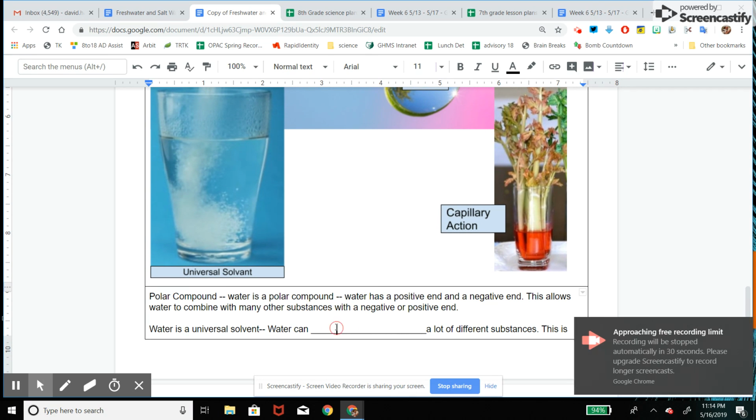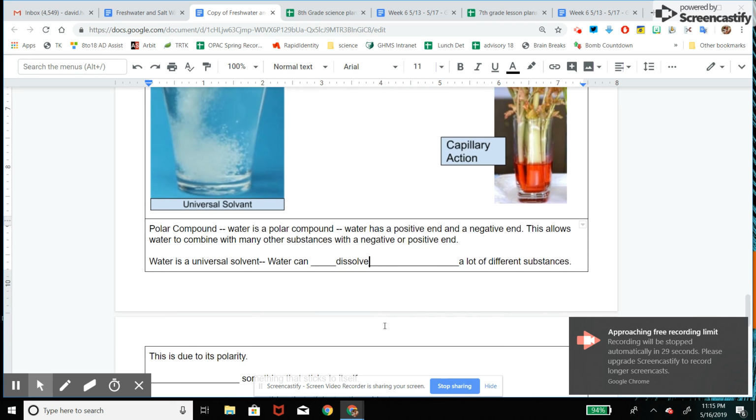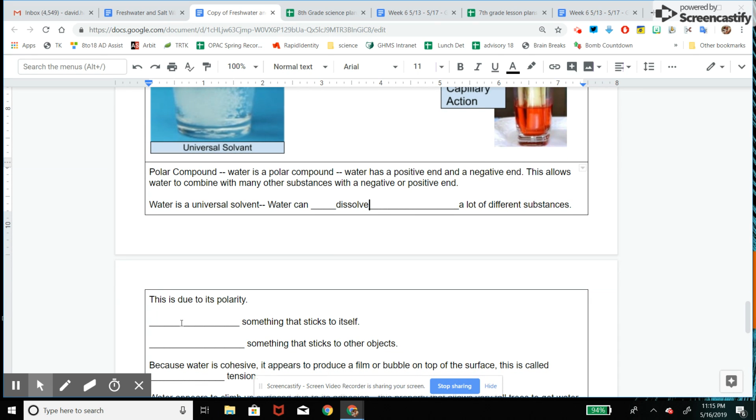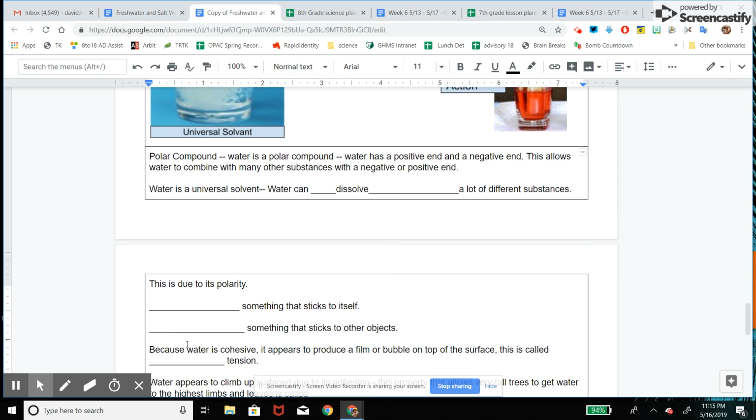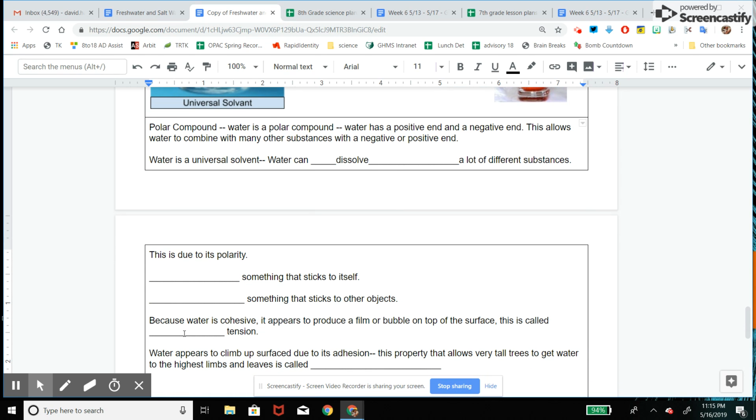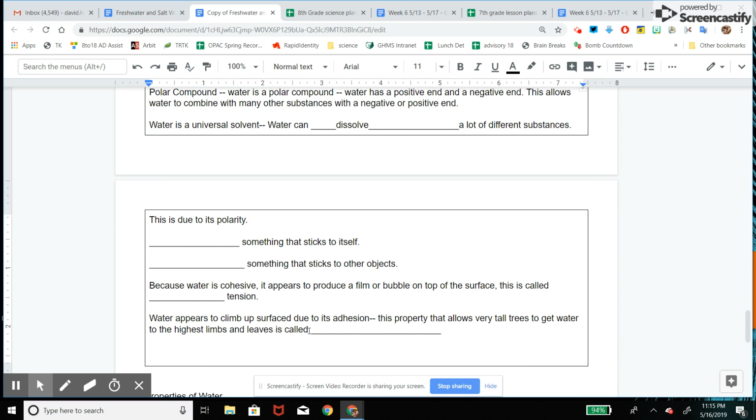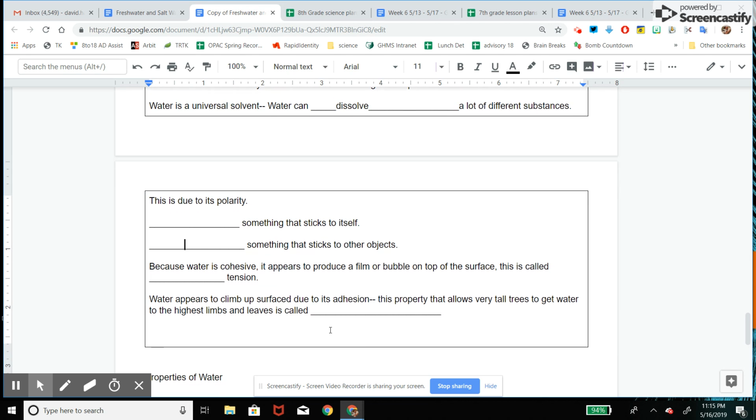Water is a universal solvent. Water can dissolve lots of different substances. Something that sticks to itself is cohesive. Other objects, adhesive. Surface tension is it makes a little bubble on top. Water striders can walk on it. Appears to climb up to the top of these trees because of capillary action.